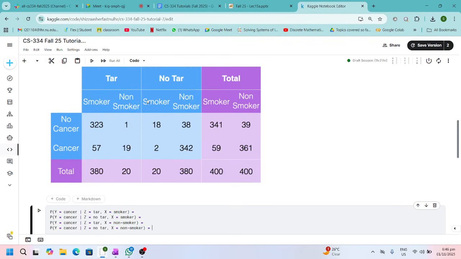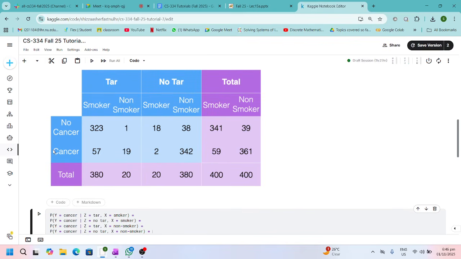Let's see. Probability y equals cancer. So we go to the cancer row. This is the cancer row. Y equals cancer given that z equals tar, sorry, z equals tar first, so we narrow down on these two, 57 and 19, and x equals smoker. So this number 57 is exactly what we get, which means 57 will go in my numerator, and since I am checking against those people only that do have cancer, how many total people do I have?